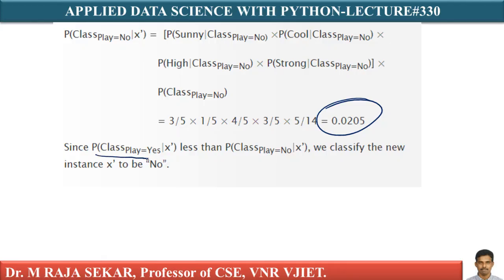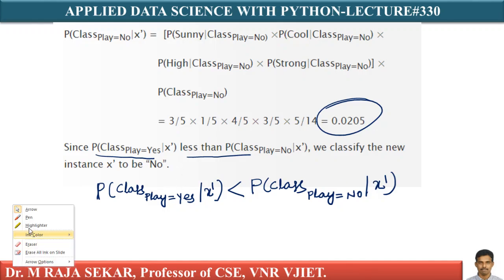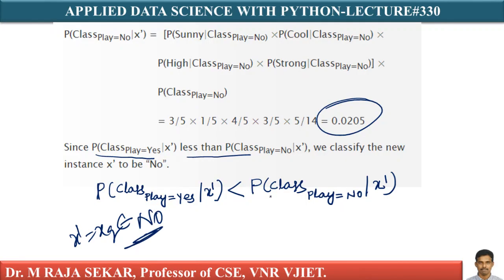P of class play equal to S for given x dash is less than P of class play equal to no for given x dash. Therefore, which one is bigger? No is bigger. Therefore, my query point x dash, my query point xq, belongs to which class? It belongs to the no class, because its corresponding probability is bigger.